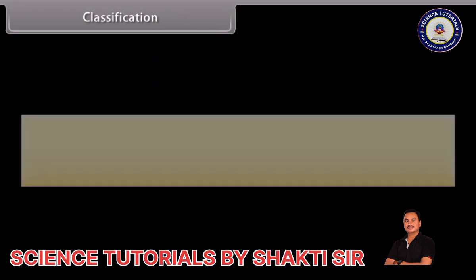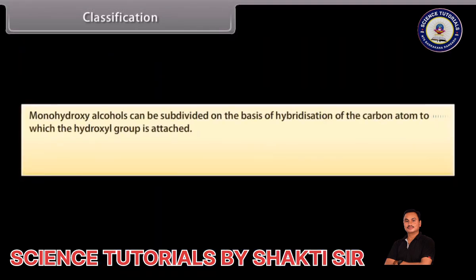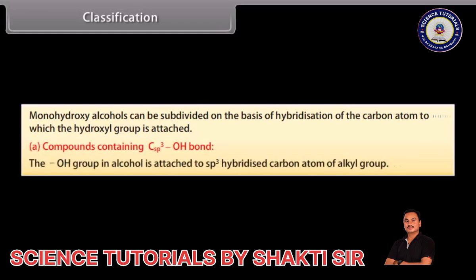Classification. Monohydroxy alcohols can be subdivided on the basis of hybridization of the carbon atom to which the hydroxyl group is attached. Compounds containing sp3 hybridized carbon atom bonded with hydroxyl group. The hydroxyl group in alcohol is attached to sp3 hybridized carbon atom of alkyl group.